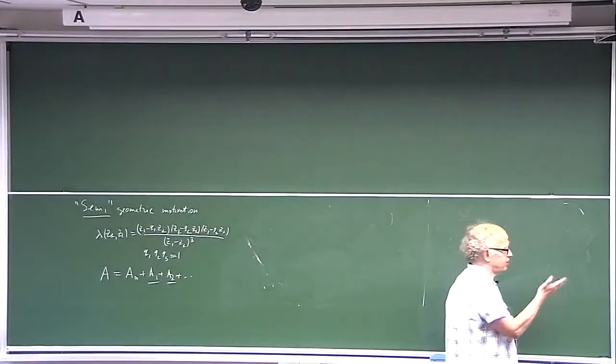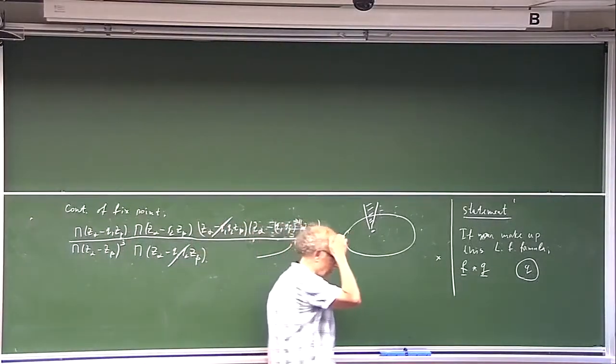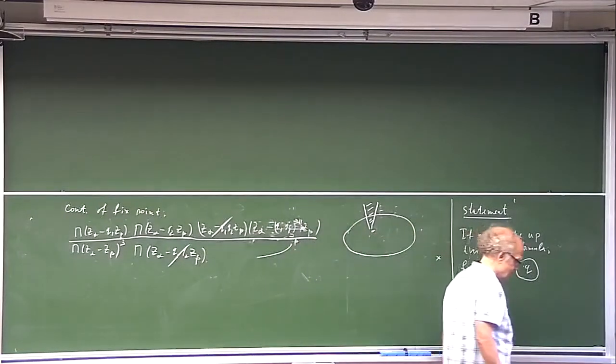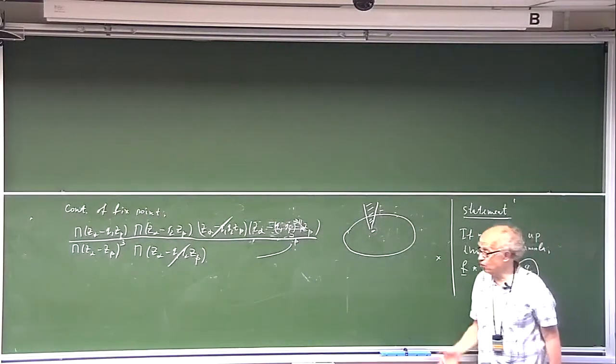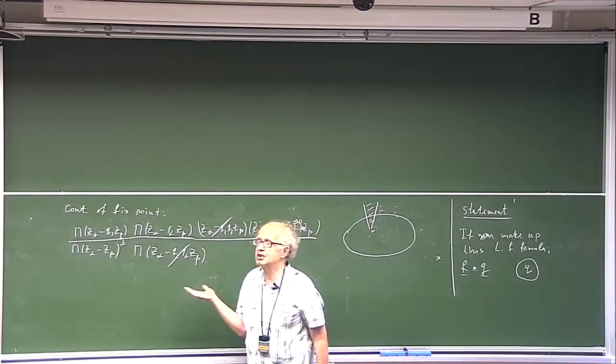And by the way, such a point of view gives you a sort of explanation where we can see this shuffle product.